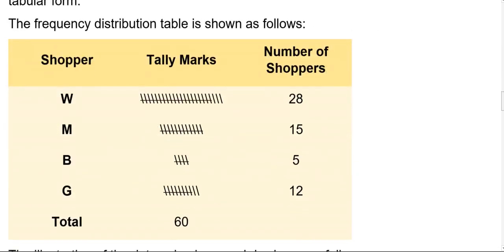So 28 can be represented as tally marks: 1, 2, 3, 4 and a strike-through bar is 5. Four lines with a line struck through the middle count as 5.